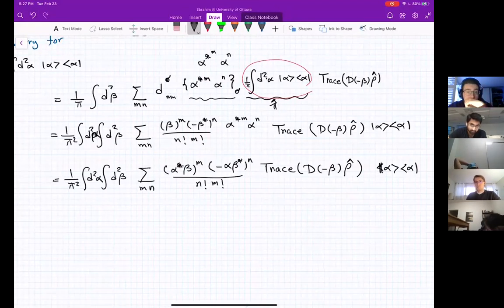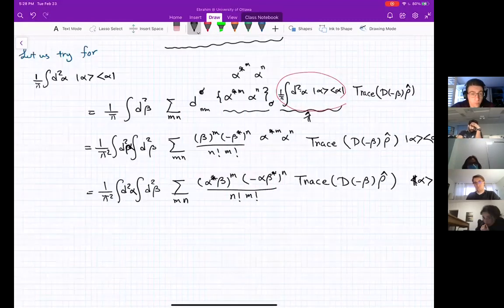Are you happy? I think that's something that I missed in the calculation. It's not a big deal. So it is 1 divided by pi squared, integral of d2 alpha, 1 divided by pi.